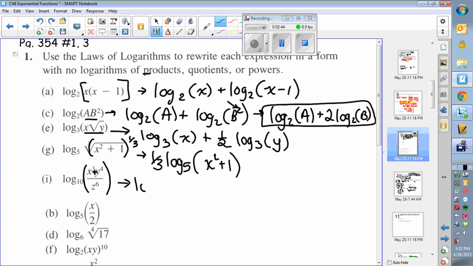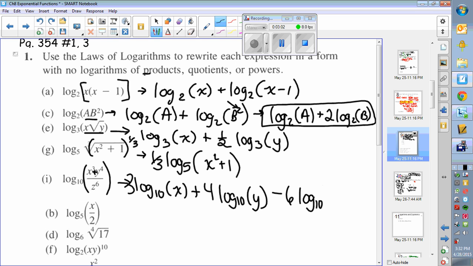So I'm going to put 3 log to base 10 of x plus 4 log to base 10 of y minus 6 log to base 10 of z.